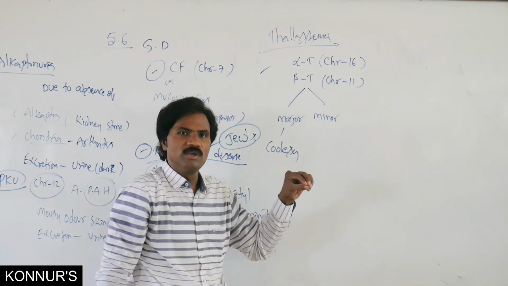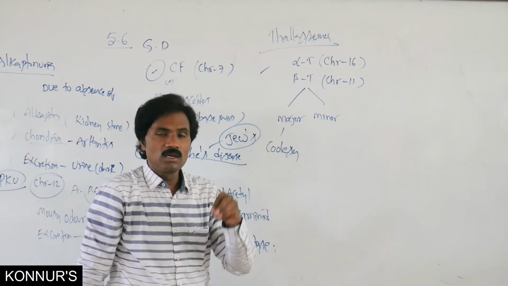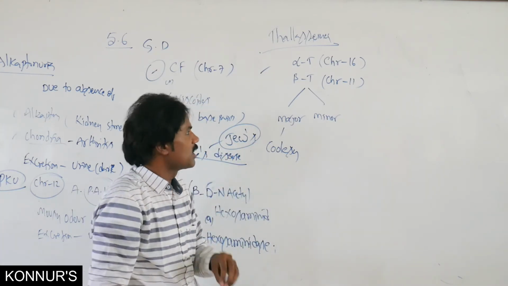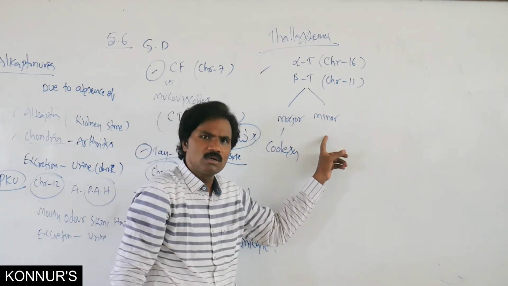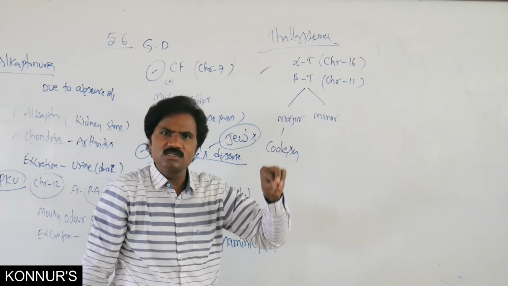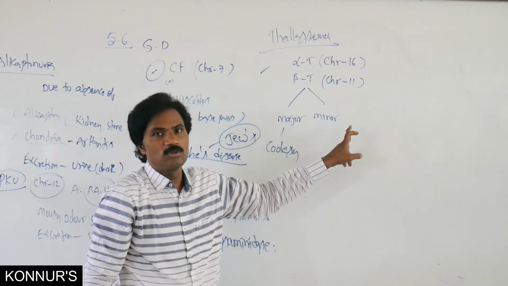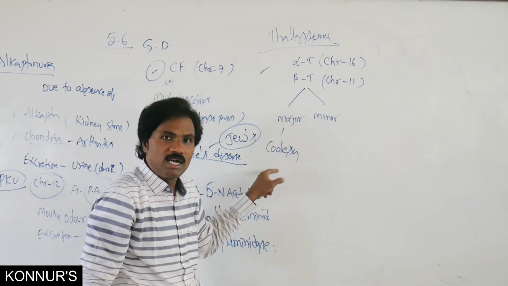That's why it is a severe illness, with an anemia condition as well. The minor one is asymptomatic, with about 15% less hemoglobin, but only the major is identified.